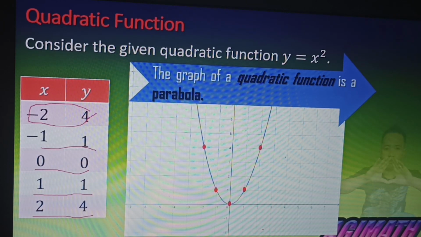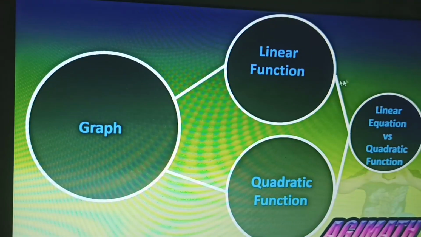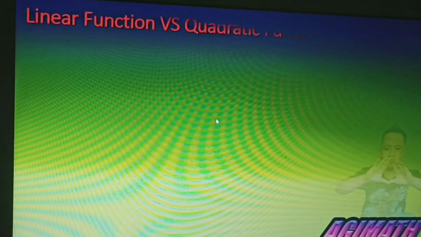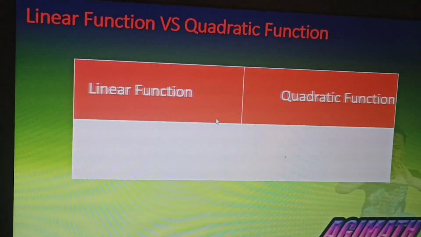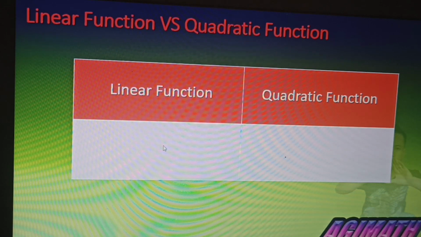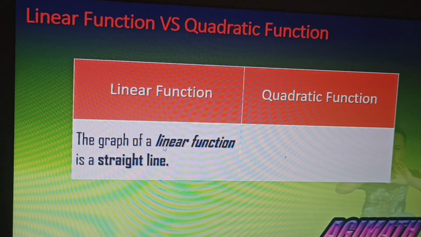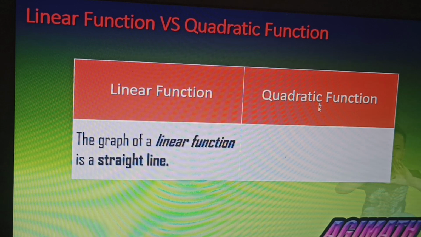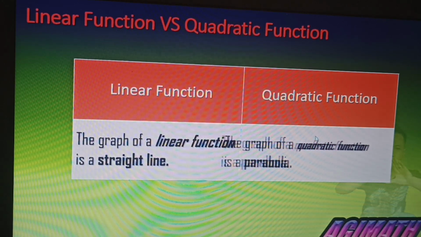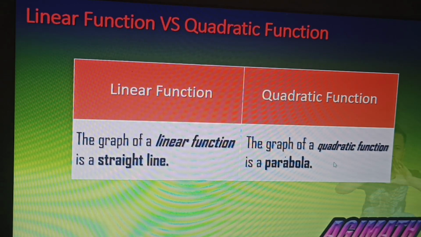With that, we can now compare the graph of a linear function and a quadratic function. For linear function, the graph is a straight line. For quadratic function, the graph is a parabola, a smooth curve. In my following videos, I will teach you how to graph a parabola.